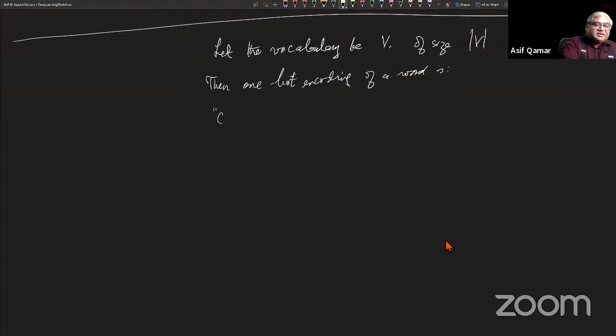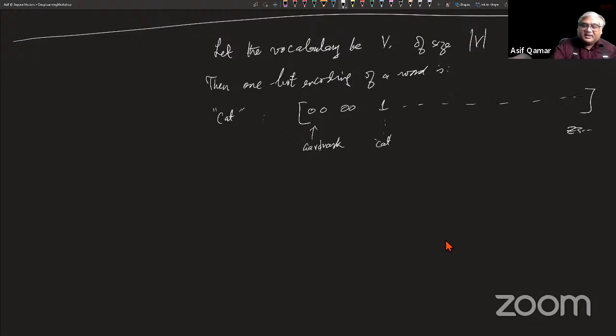So suppose you have a word cat. What you do is you first create an index for every word in the dictionary. So aardvark, and so on, all the way to z something, right? Somewhere in there is a place for cat. You put a 1 there and 0 everywhere else.